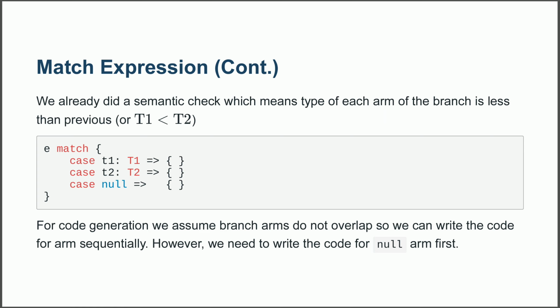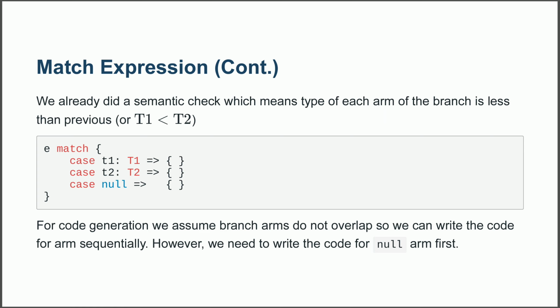Think of it this way: if the first arm of the branch is any, and then the second one is a string, it's kind of useless because any covers a string. It makes the string arm very useless. So we have to refine the types as we go. The first one has to be a string, and then the next one can be any, and then the third one can be null, if that makes sense.